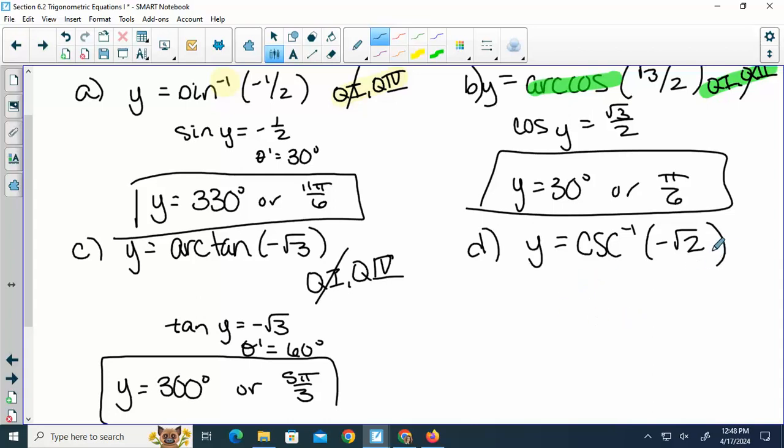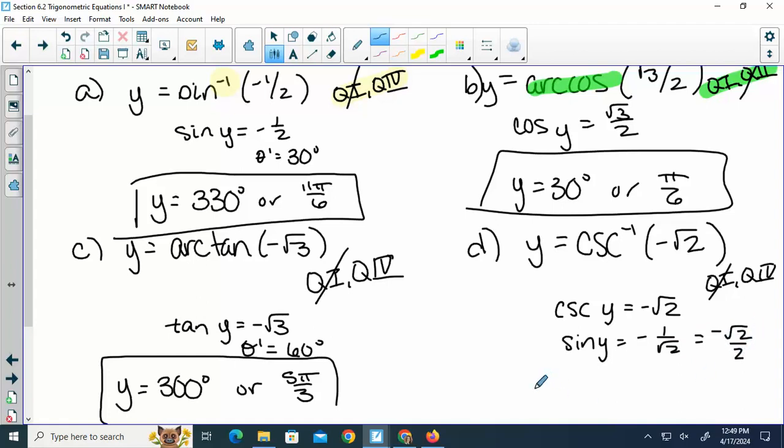Alright, last one, cosecant inverse. That does what sine does, so which quadrants? 1 and 4. If it's negative, which quadrant are we in? 4. Cosecant we may not be as familiar with, but we know that's the reciprocal of sine. So that means sine is negative radical 2 over 2.